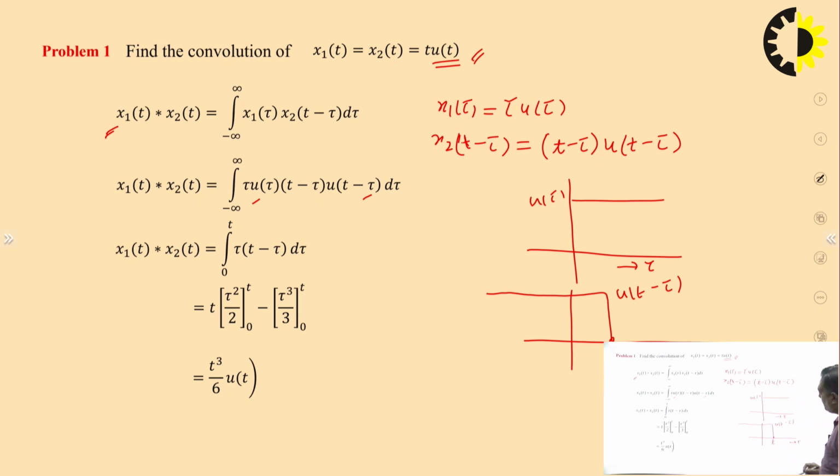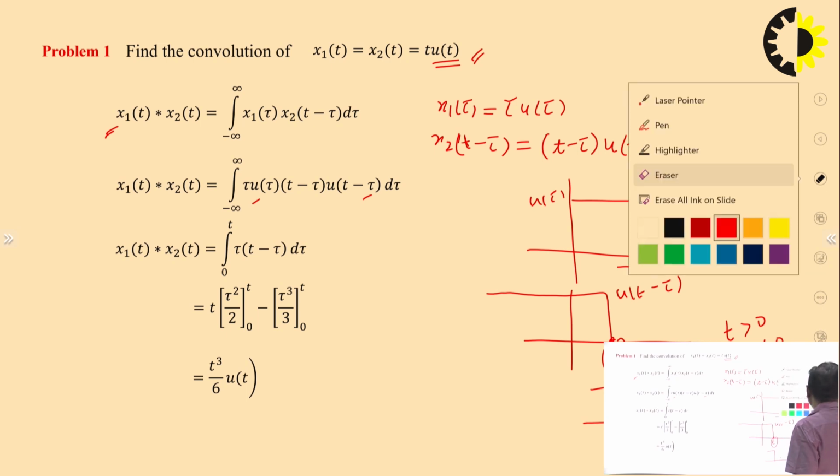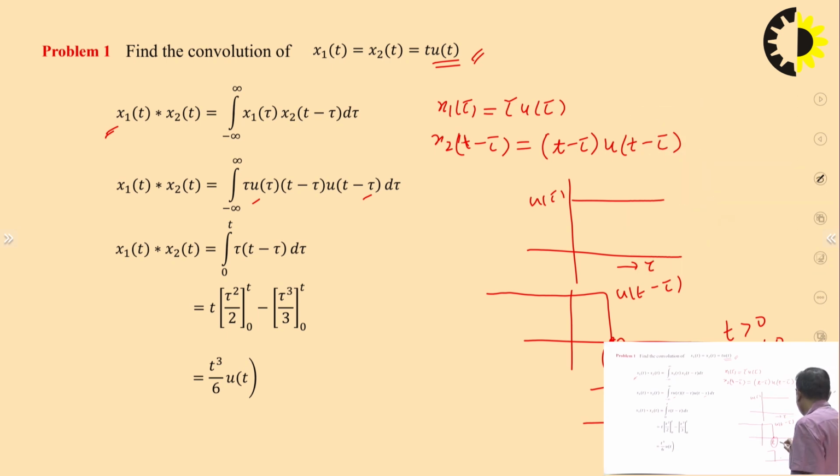Now you can see this u(t minus tau) will only overlap with this u(tau) when t is greater than 0. If t is less than 0, then the situation will be somewhat like this, so there is no overlap, which means you will not get any output.